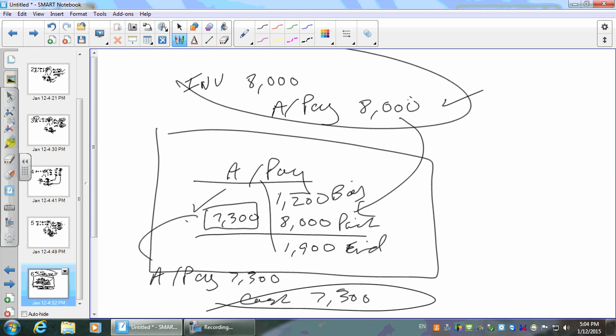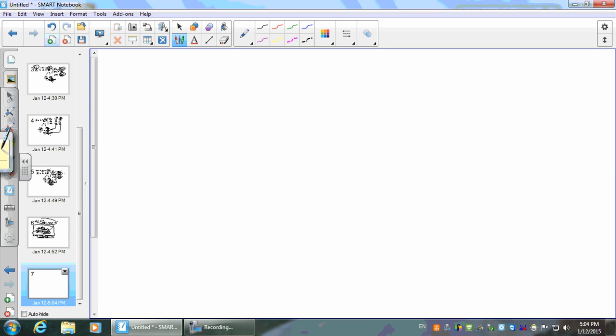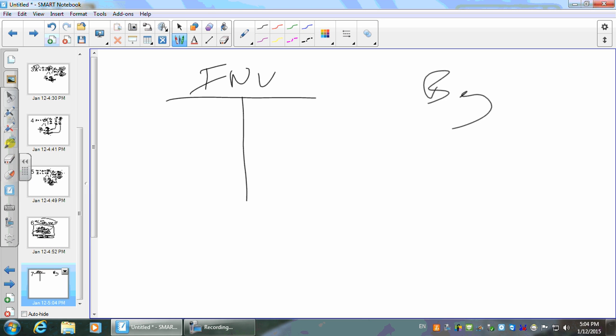Let's change it to inventory. Let's say I'm doing the inventory account, okay? So it's inventory. Let's say my beginning balance is 1,800. My ending balance is 2,400.